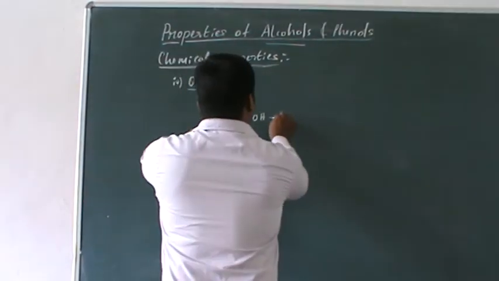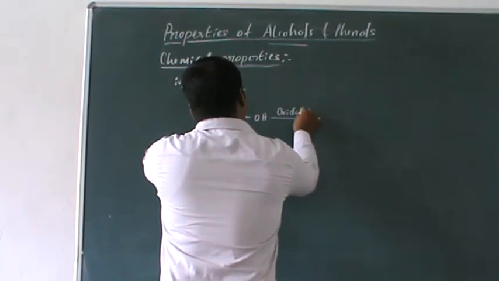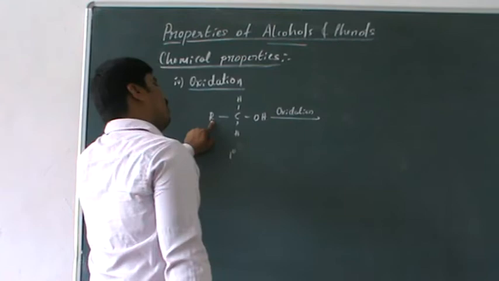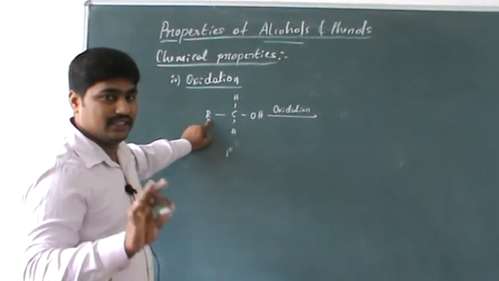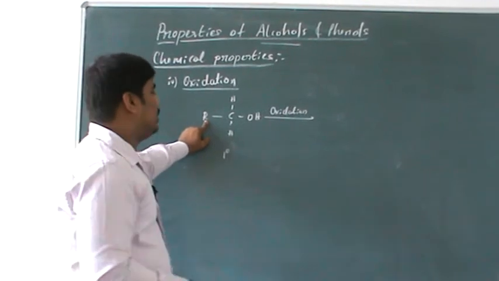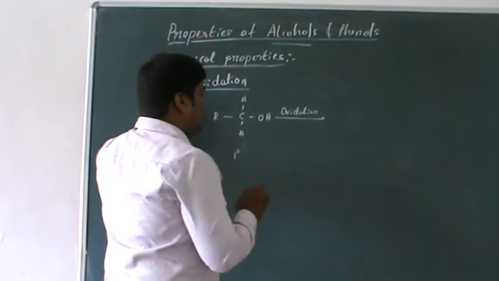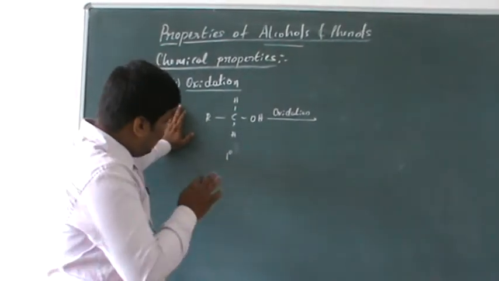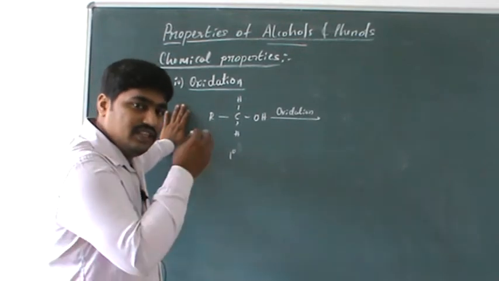When a primary alcohol is subjected to oxidation, I don't consider any particular oxidizing agent. Suppose we use any oxidizing agent, what is the process taking place under oxidation? Please understand the basic concept of oxidation, then the whole thing becomes easy.